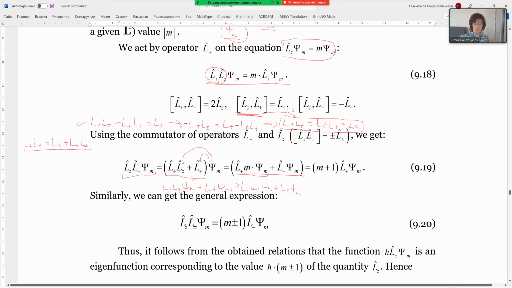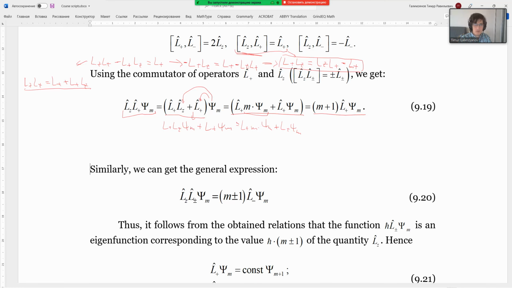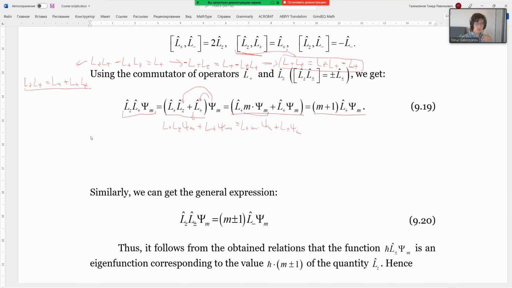And if we gather the terms, we simplify the equation in the following way. Let us write it down one more time: Lz acting on L plus psi m gives us m plus 1 times L plus psi m.